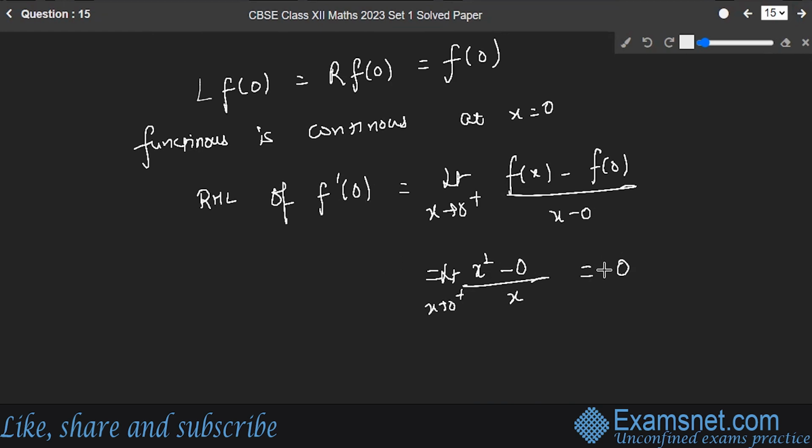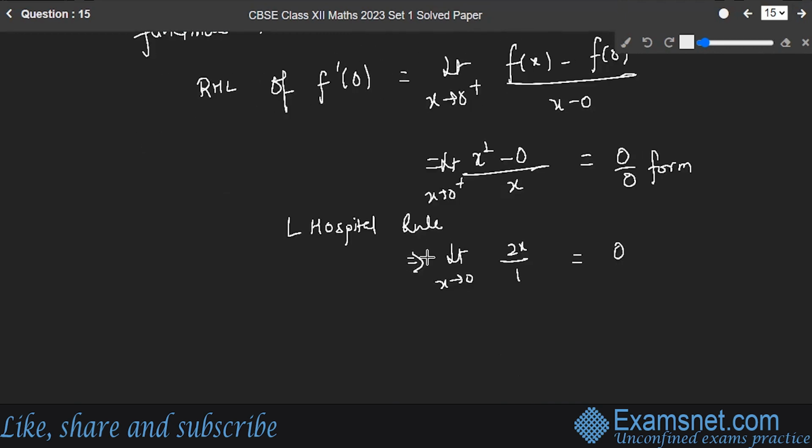Actually, this is of the form 0 upon 0, so I will apply L'Hospital rule. So you will have the limit as x approaches 0 of 2x upon 1, which is equal to 0. That was the right hand limit.